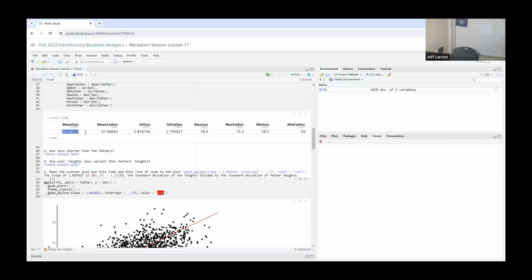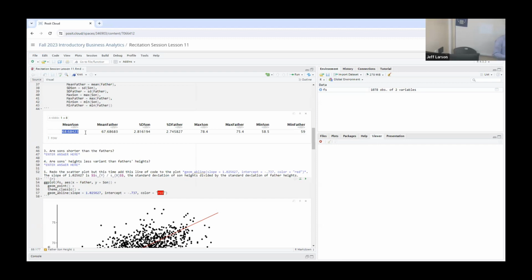What was the slope? 0.514. And then we know that x is the father's heights, right? We're going to put in the mean. So we know an x and y point on the line will be the mean of x and y. So we're going to put 67.6863. We're solving for this.